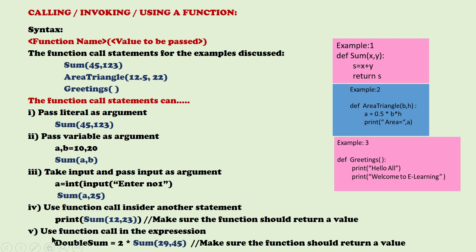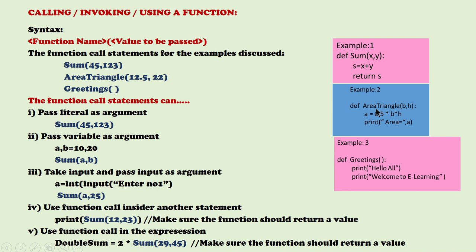Okay, so the last one is use function call in the expression. Especially here when you're using it in an expression, the expression needs some value to be evaluated. When you use some function here, make sure that the function returns some value. Here you cannot specify some function which is not returning any value.